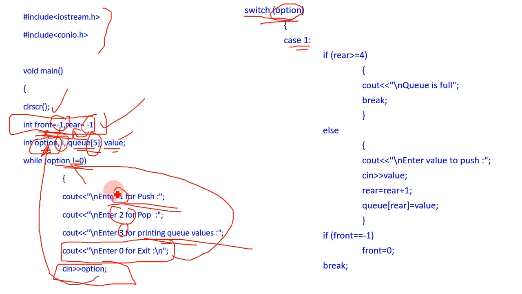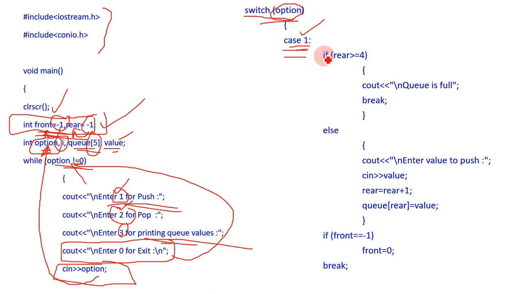When you enter 1 from the keyboard, the control will go to the first case. If you enter 2 from the keyboard, the control will go to the next case and so on. So 1 is used for push operation, 2 is for pop, and 3 is for printing values.